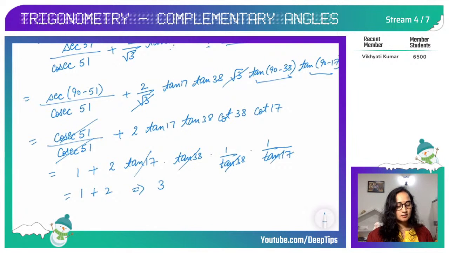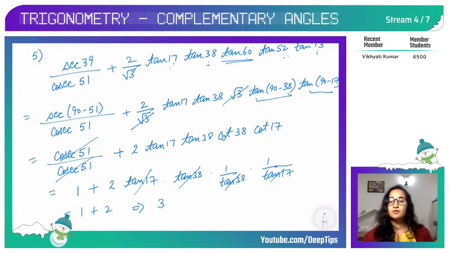So 3 is the answer for this question. This question sometimes comes for 4 marks with a little more extension of the identities. Like there may be one more part added to this question, and then it comes for 4 marks. But if it comes like this, it can come for 3 marks.